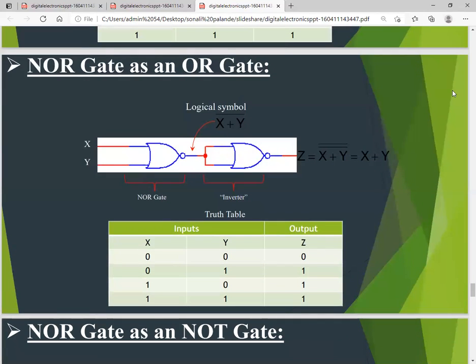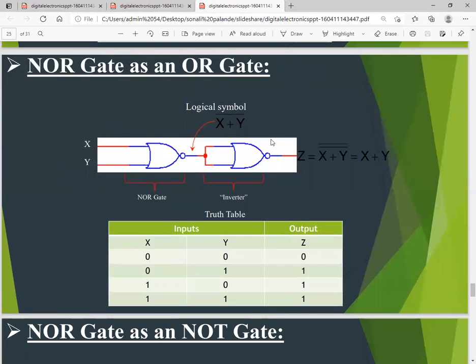So next is the NOR gate as an OR gate. This is the logical circuit or symbol of the NOR gate as an OR gate. Here we take two NOR gates connected to each other, and this is the truth table of this. So x and y are the inputs and z is the output. If x equals 0 and y equals 0, then z equals 0. If x equals 0 and y equals 1, then z equals 1.